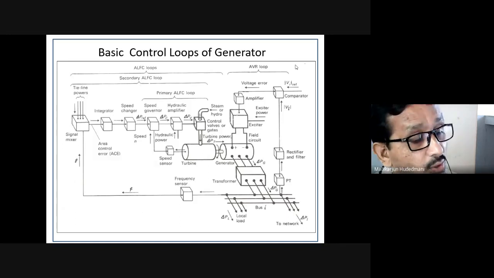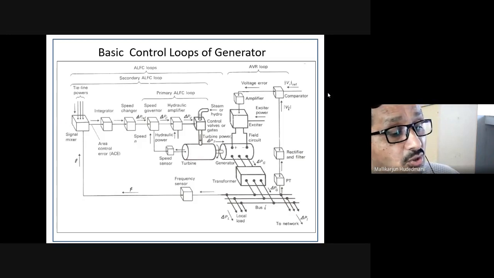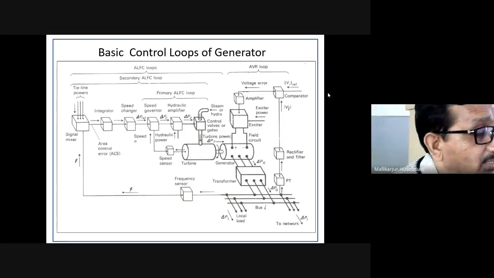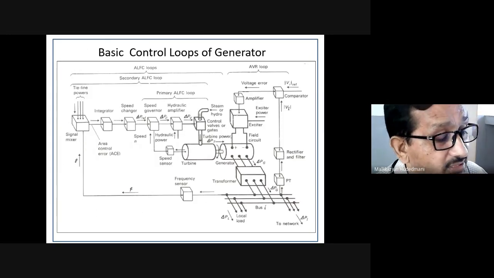So this is one of the old fundamental books for electrical power system operation and control from which it is being taken. Let us see what the parts of this are. So this is the complete picture of the basic loops of a generator.